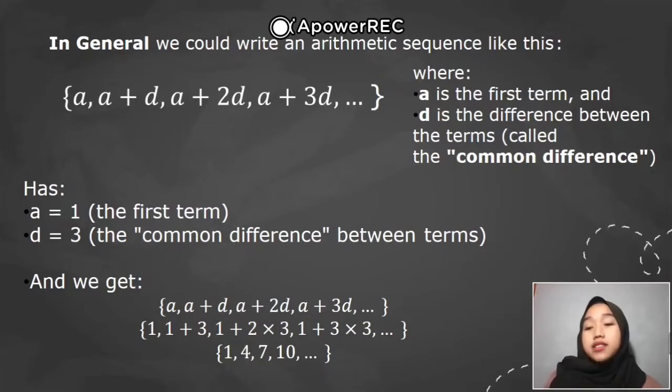Here a is 1 as the first term and d is 3. And we get a, a plus d, a plus 2d, a plus 3d: 1, 1 plus 3 is 4, 1 plus 2 times 3 is 7, and 1 plus 3 times 3 is 10, and so on.